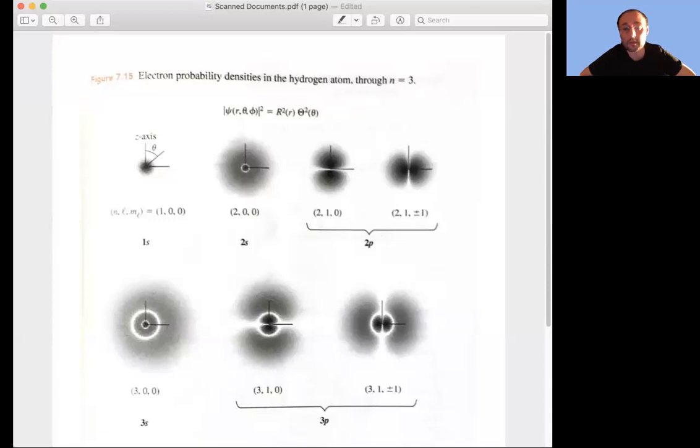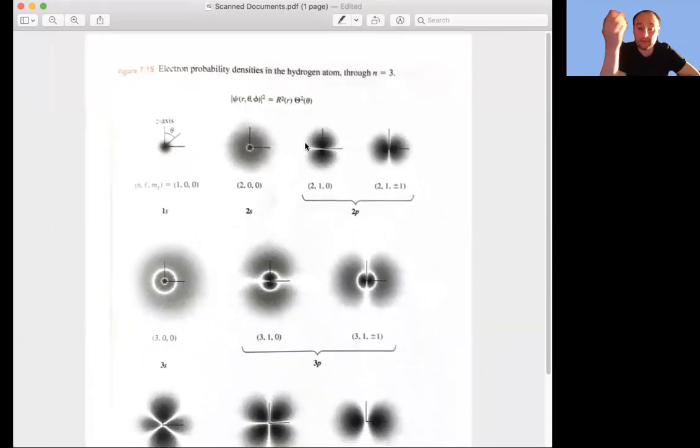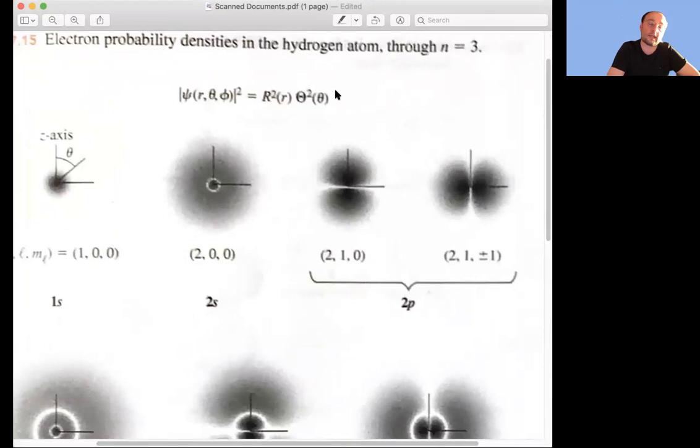So this is a picture from your textbook. As always, the square of the magnitude of the wave function is the probability density. Now you might say, well, where's the phi dependence?